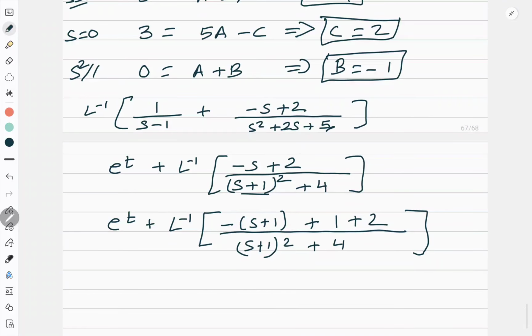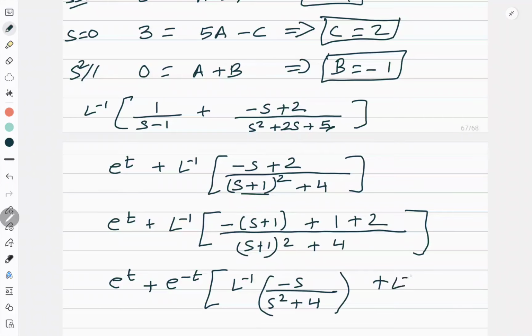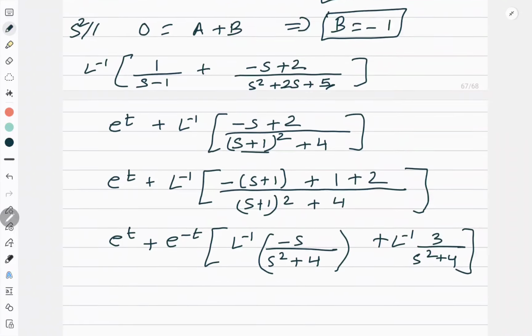Correct? So next step, I will write e to the power t. I will apply reverse of first shifting, so plus e to the power −t, then Laplace inverse of −s/(s² + 4) plus Laplace inverse of 3/(s² + 4). Correct?